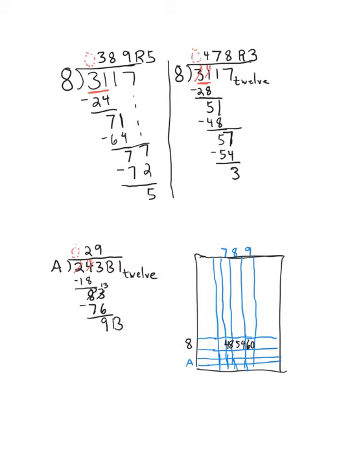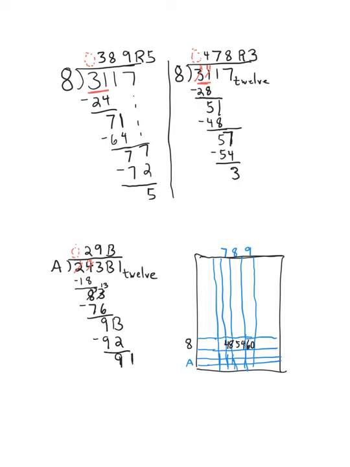A goes into 9B 11 times, or B times. And A times B is 9, 2. We subtract, and we get another B. Oh, sorry, we get another 9, not B. My mistake. 9. We bring down our 1.